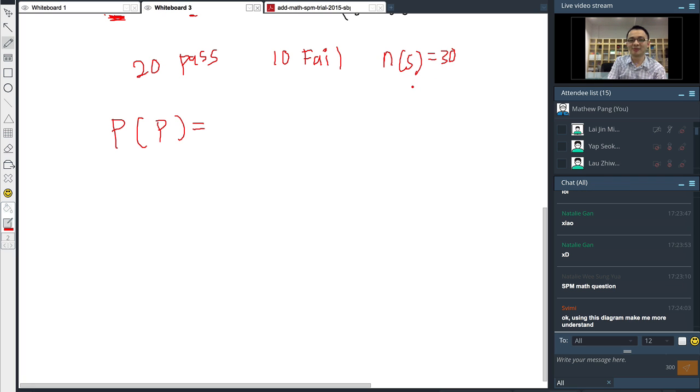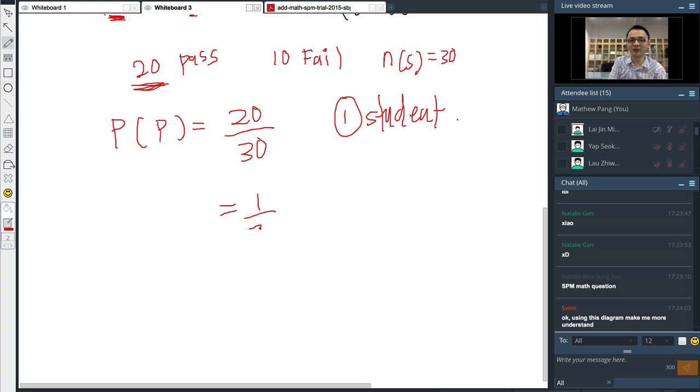So how to select one student who passed the test? Obviously, we use 20 over 30, isn't it? 20 over 30, this is selecting one student only. This is a probability. Okay?